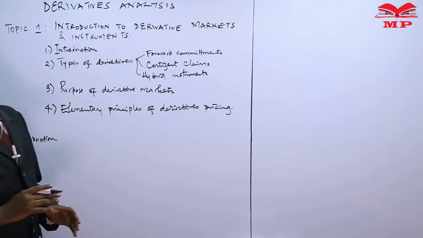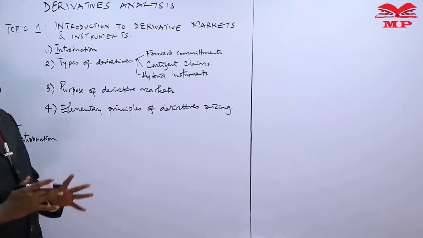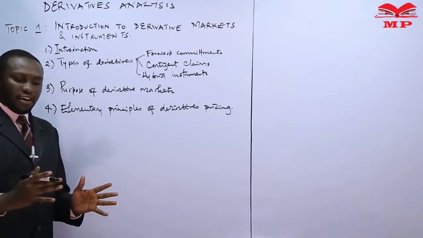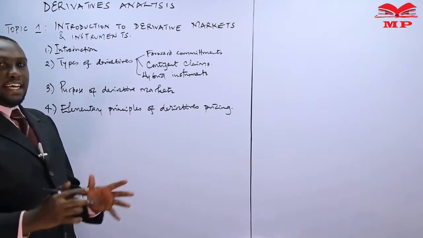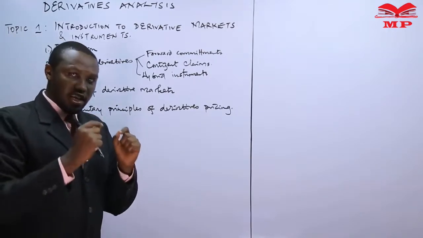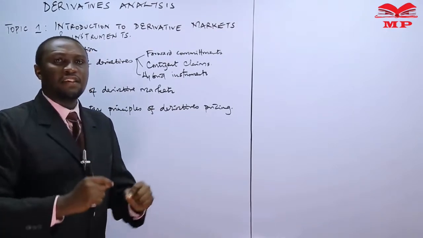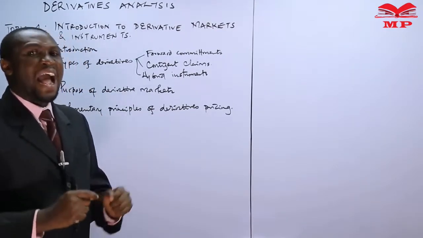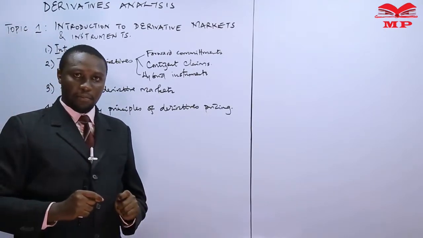what is a derivative? Like the name suggests, derive. A derivative, we can say, is a financial instrument that derives its value from another. What do I mean?